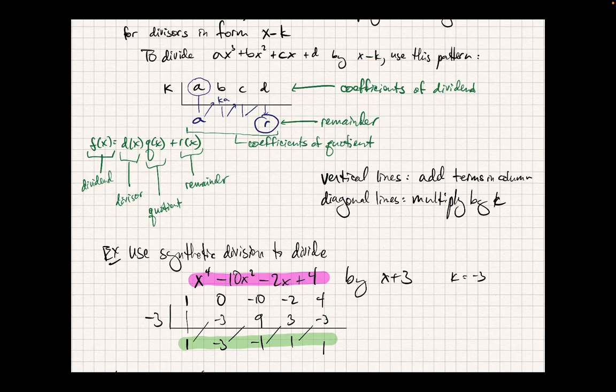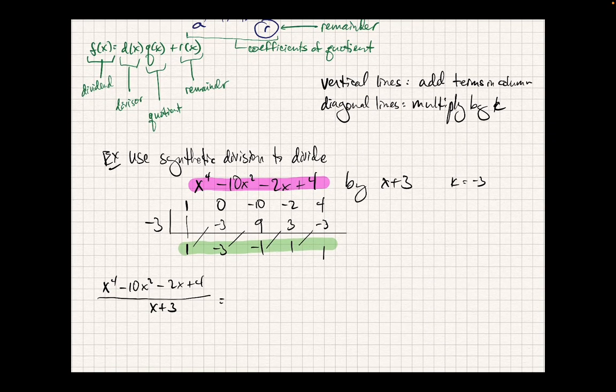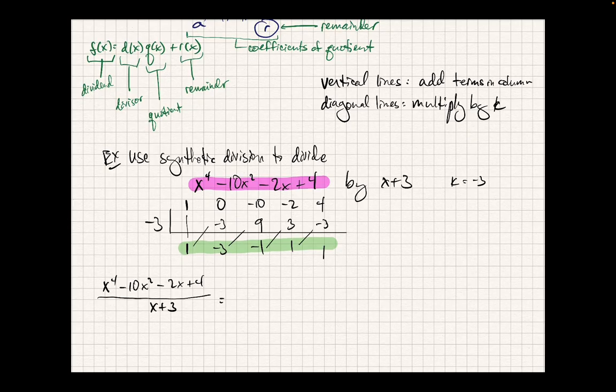Remember, this is my k, this corresponds to x plus 3. This is my zero, and this is my factor. It's always an x minus k relationship. So I'm dividing an x to the fourth polynomial by an x polynomial.